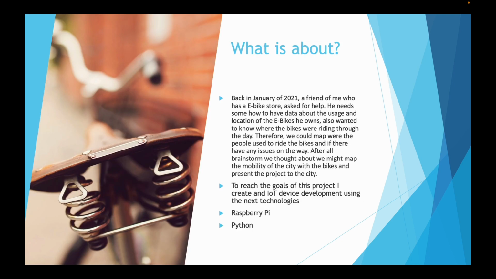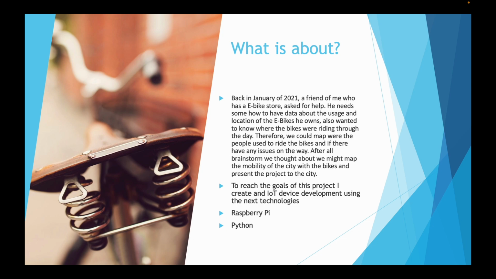So what's it about? Back in January 2021, a friend of mine who owns an e-bike store requested my help. He wanted to track or gather some information from the e-bikes that he owns. At that time he had the idea to get information about the road.